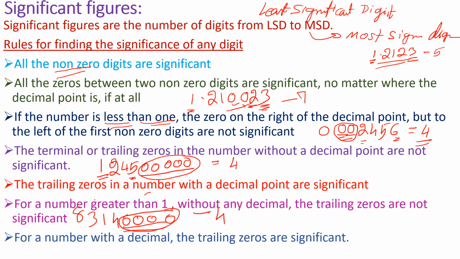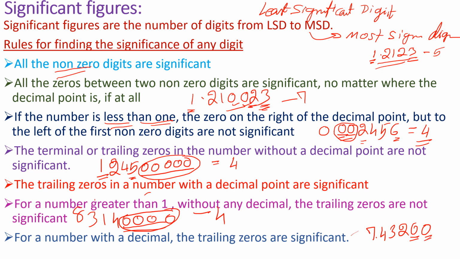And next one, for a number with a decimal point, the trailing zeros are significant. What does it say? If I write 7.43200, these are the trailing zeros here, but this has a decimal point.